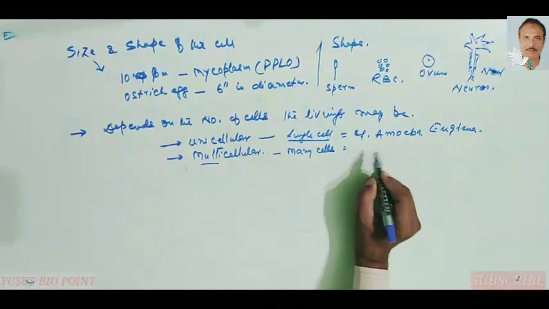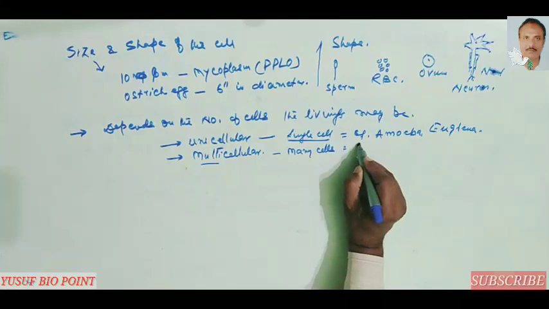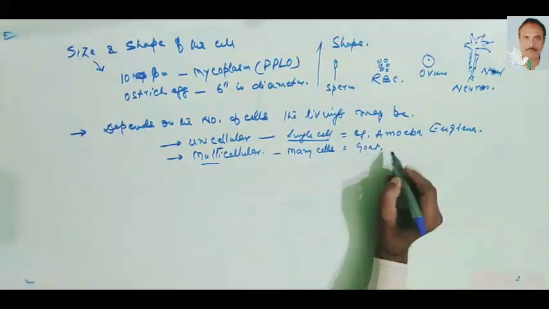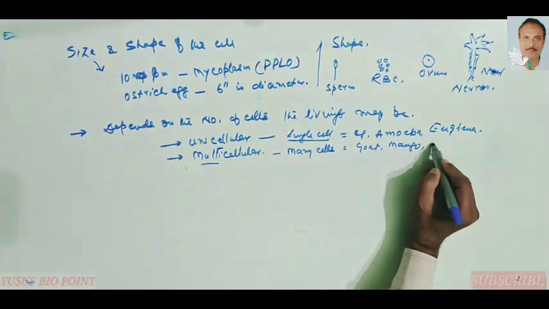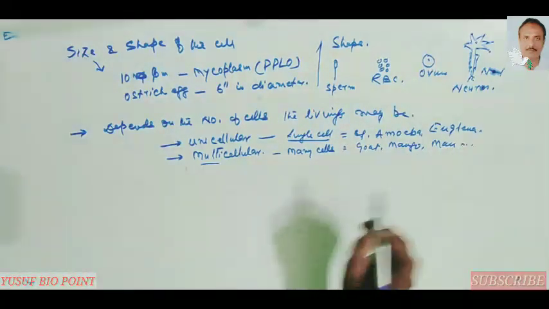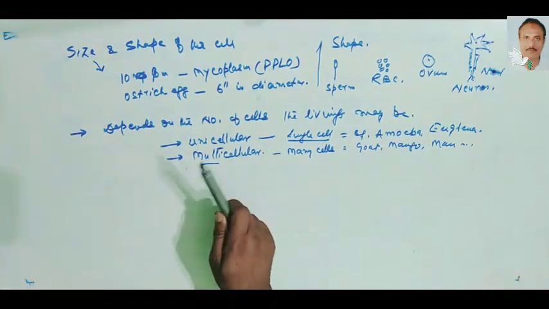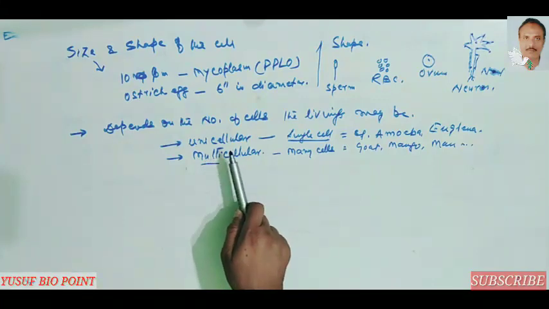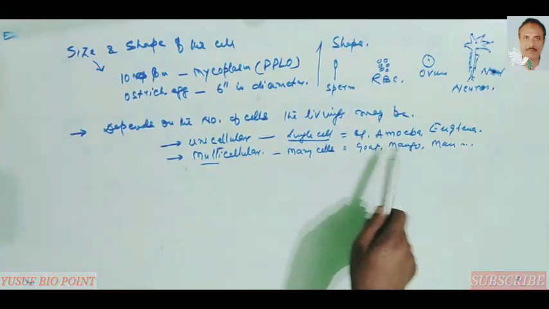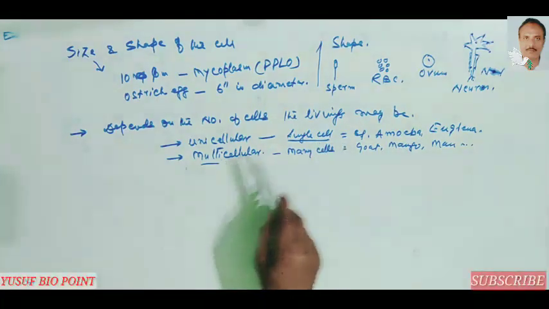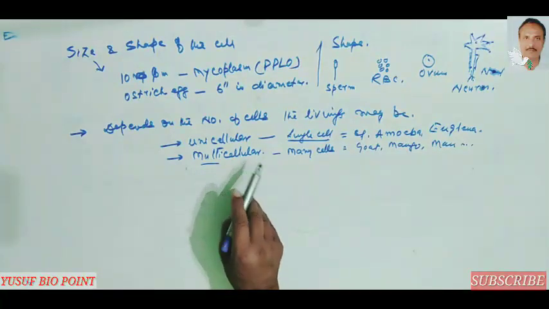Examples are all the animals, including us, such as goat, mango, man, etc. So these are divided on the basis of the number of cells: if the number of cells is one, it is called unicellular, and if it is composed of many cells, it is known as multicellular.